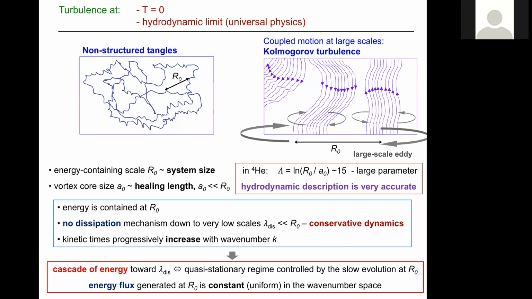That is, it is controlled by the slowest time scales, which are the time scales at the biggest length scale, and then at all shorter length scales, kinetics adjusts to the energy flux that is sent into the system at the larger scales, and transfers it through the energy space as a constant. So it doesn't change, constant in the sense that it's uniform in the wave number space, across the length scales. So that's the essence of the stationary regime.